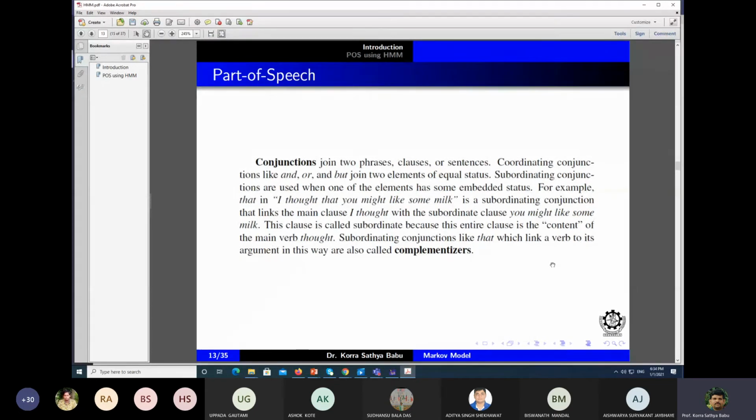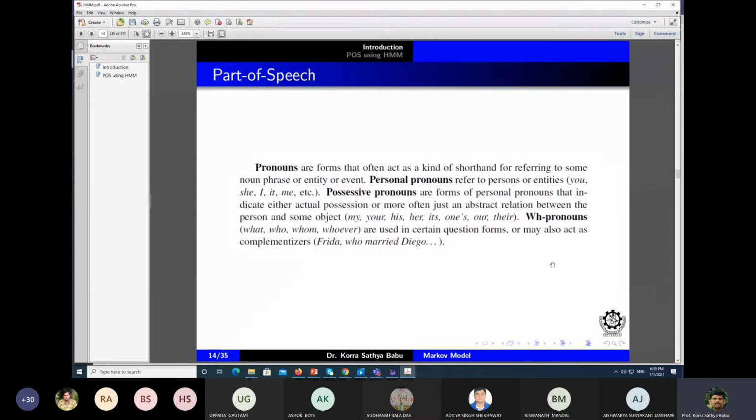Be is called a copula because it connects subjects with certain kinds of predicate nominals and adjectives. He is a duck. I have given the examples here. Okay, he is a duck. Is is a copula verb here.